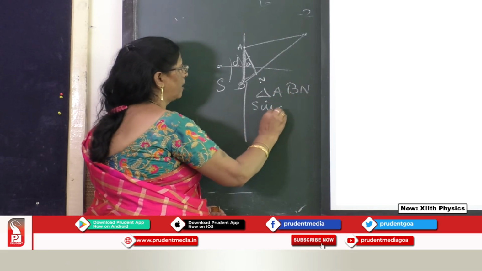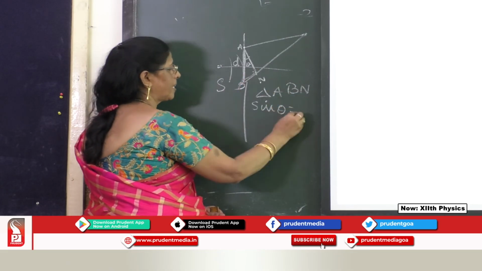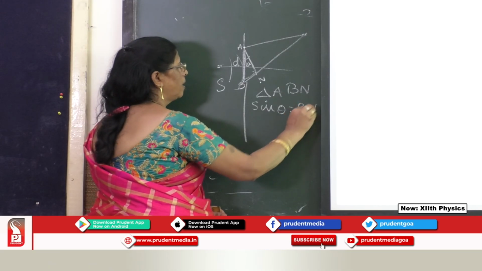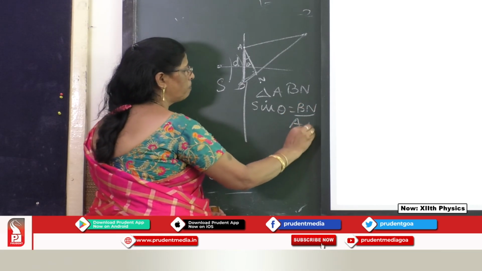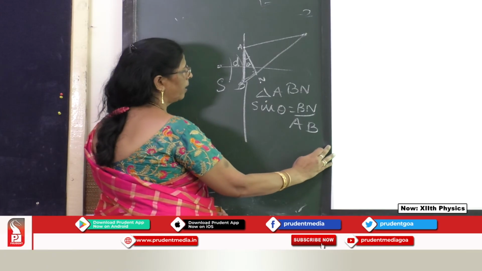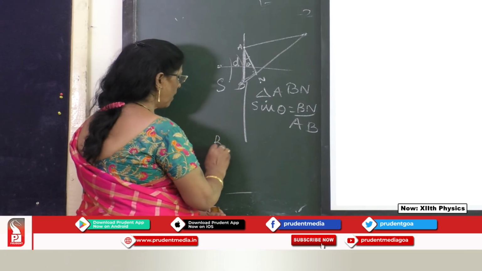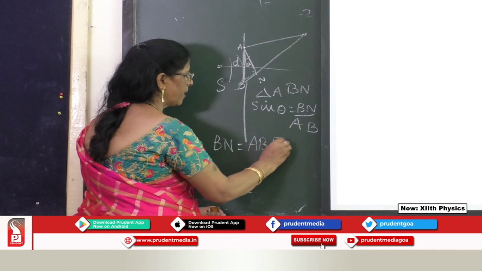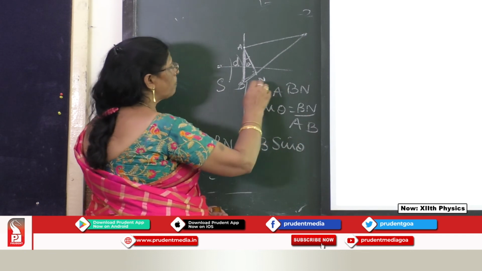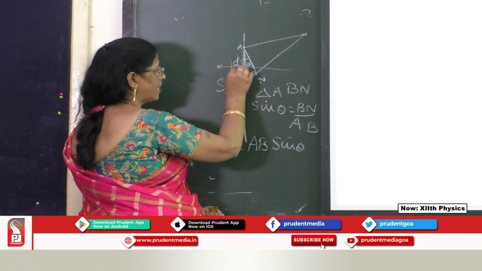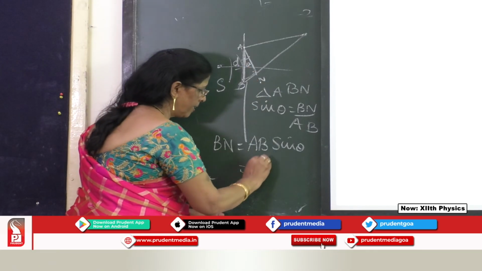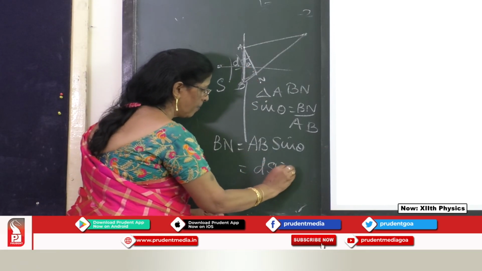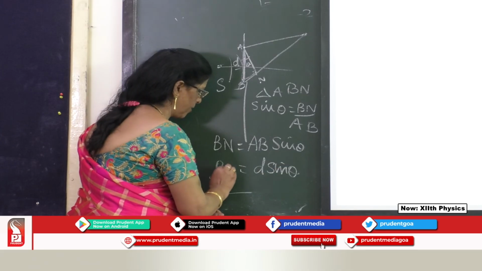Sine theta equals the opposite side Bn upon AB, or Bn equals AB sine theta. What is AB? That is the width of the slit d. So we have d sine theta as the path difference.